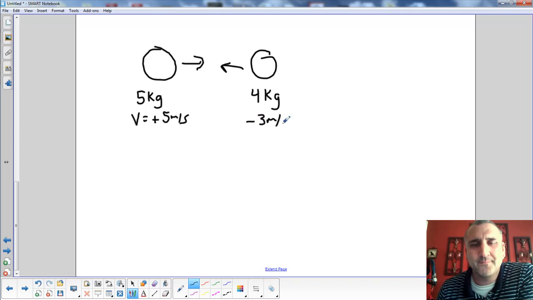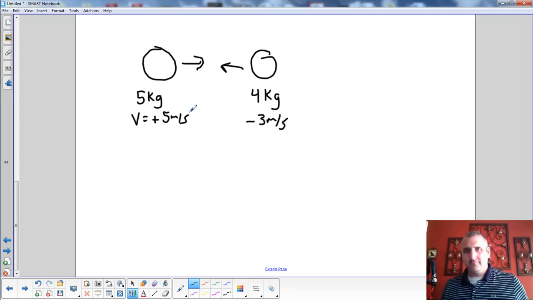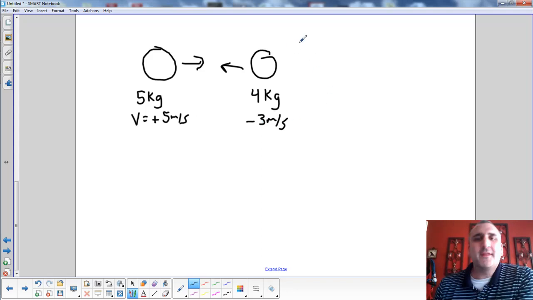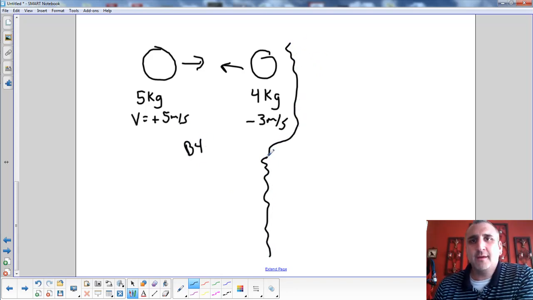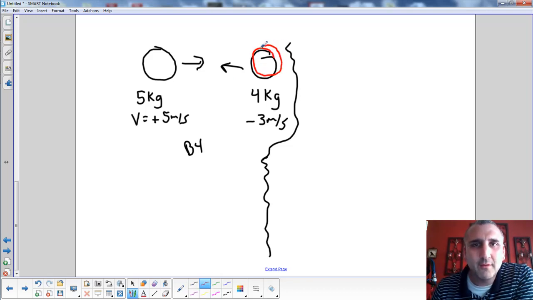Cool. Then they collide. And let's say afterwards, and let's make this a little easier, I'm going to make this second marble red. So I'm going to have a black marble and a red marble. Okay, let's try and make this a little easier for all of us.